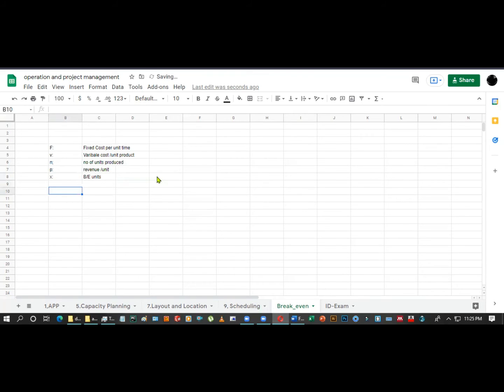So we need to know the formula. In order to get the break-even unit, the formula is X equals fixed cost divided by revenue per unit minus variable cost.